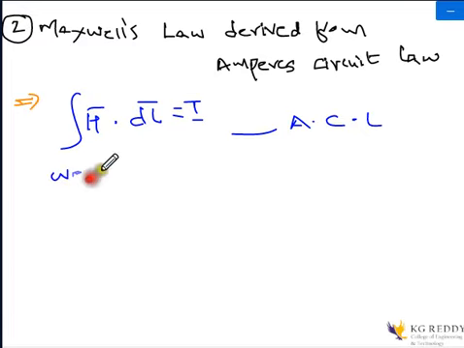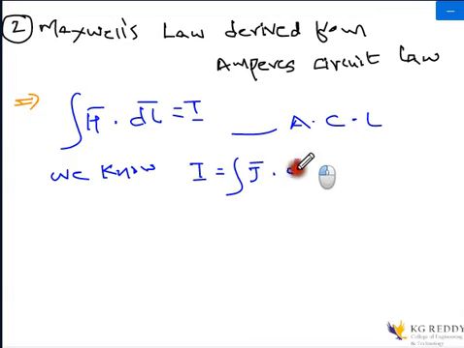And we also know that I can be written as the integration of j dot ds, where ds is the definite surface area and j is the current intensity.